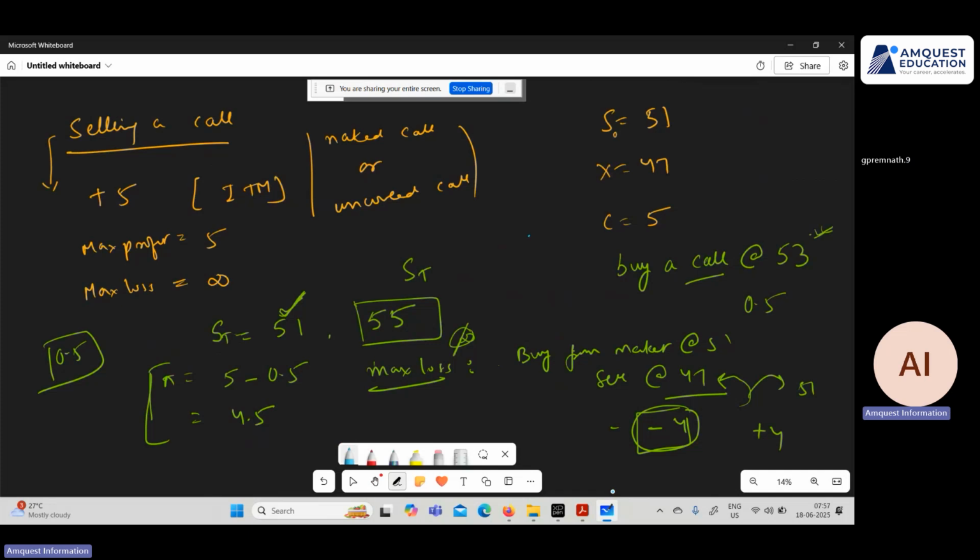So we agreed that we earned 4.5 initially. Till 53, he will earn. So I'm looking from my angle that I earned 4.5 positive. Then effectively from 47 till 53 is how much?